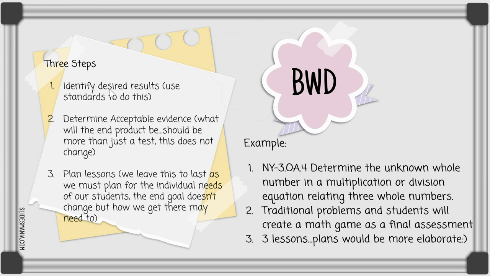We do that by looking at the state standards, or Common Core standards, that have been set for that particular subject area. The next thing you're going to do is, how will you know they've actually acquired what you have set out to do? And that is by determining what is the acceptable evidence.